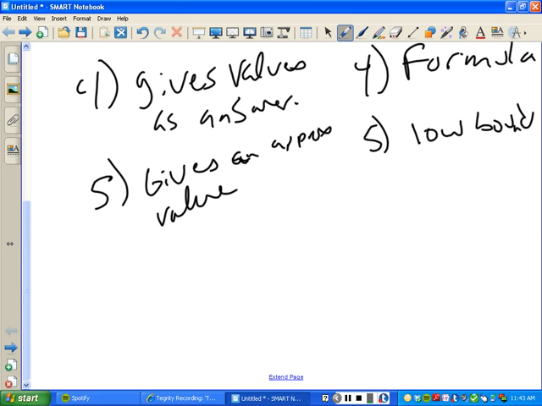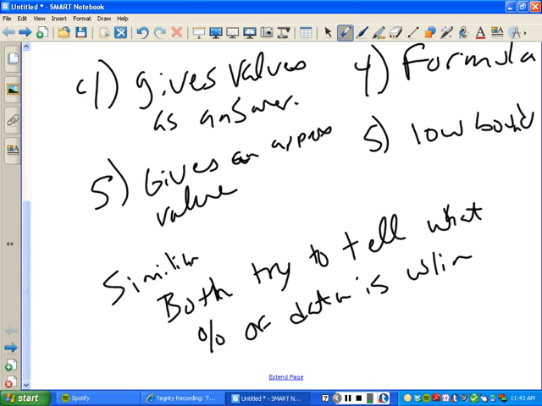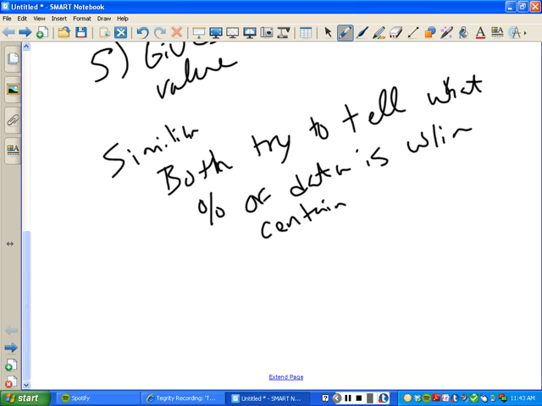Okay? Now, how are they similar? That's how they're different. How are they similar? Okay, and the answer is they both try to tell what percent of data is within certain standard deviations of the mean.